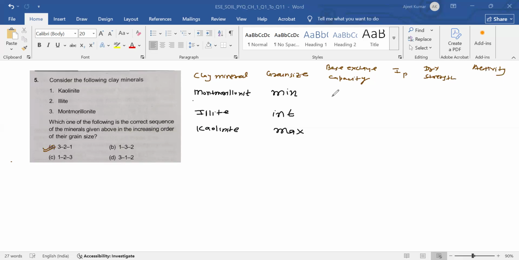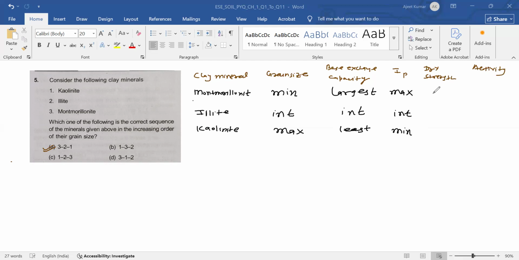Base exchange capacity of montmorillonite is high, that is largest. Illite is in between, so intermediate, and in case of kaolinite least. IP in case of montmorillonite is maximum. This is in between, intermediate, and this is minimum in case of kaolinite.